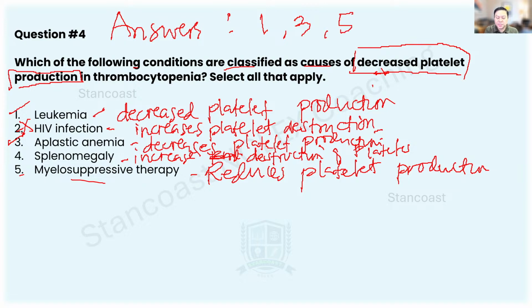These are conditions that can reduce the production of the platelets, whereas the 2 and 4, these are conditions that can increase the destruction. Okay, so the body or the bone marrow is able to produce the platelets. However, the condition will now destroy the circulating platelets in the bloodstream. So those are very exact opposite. Okay, so I hope that you're learning from this test item.